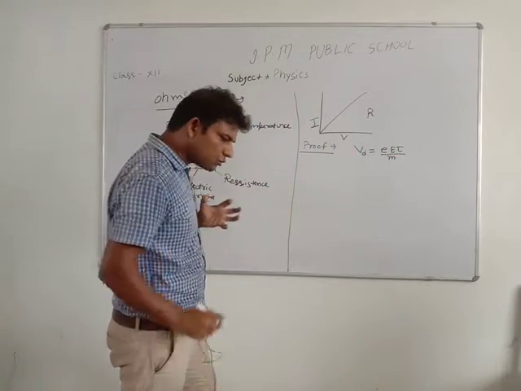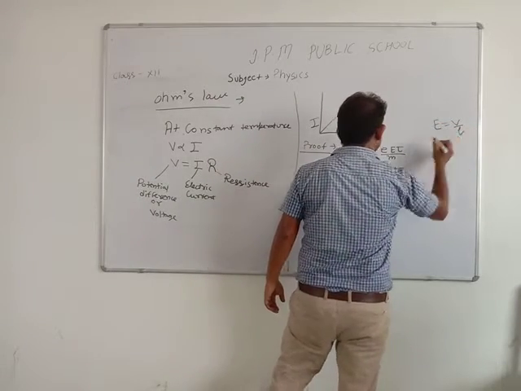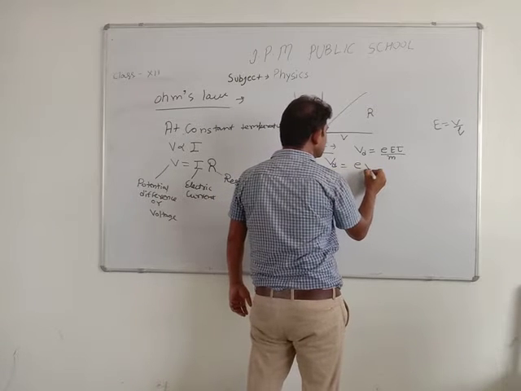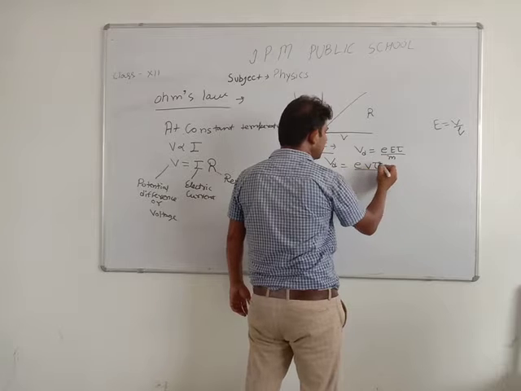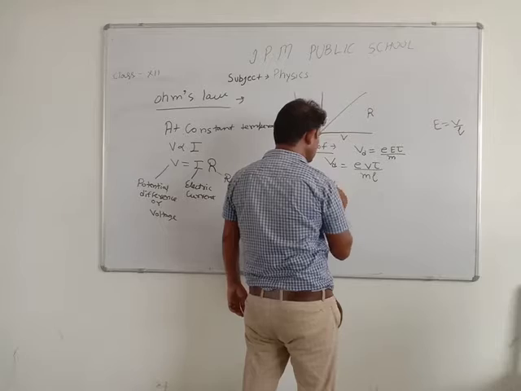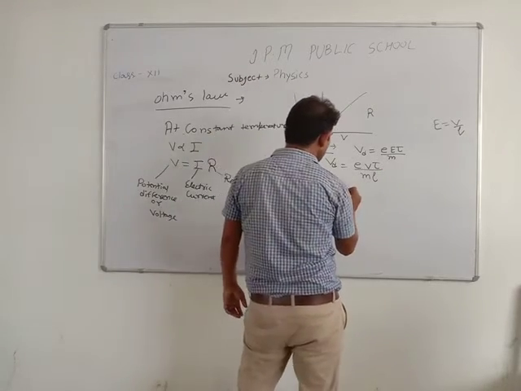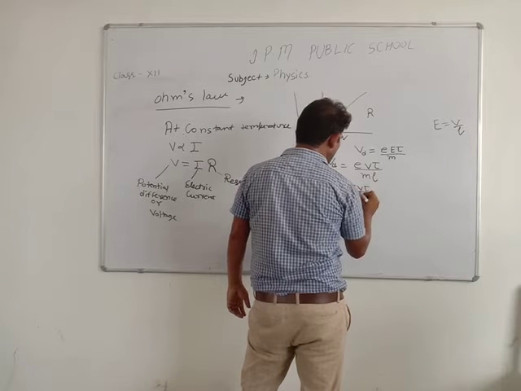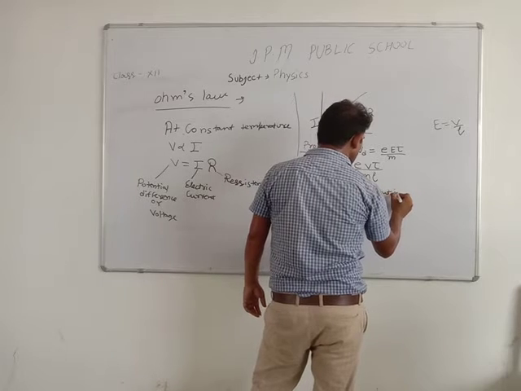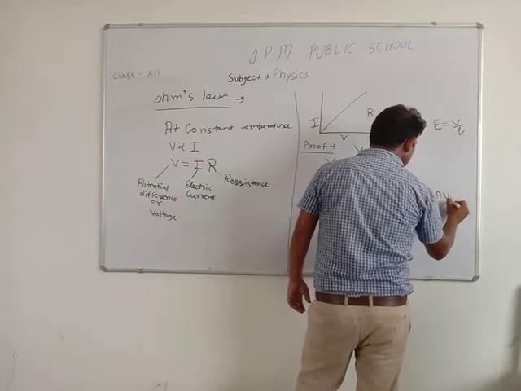We know that E equal to V upon L. So vd equal to E, and in place of E we have put the value V upon L. Then vd equal to eV tau upon mL, and we put this value in the formula I equal to n e A vd.